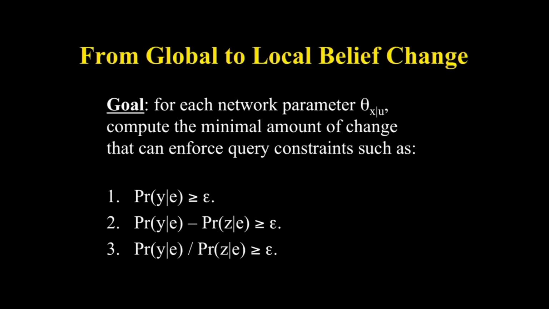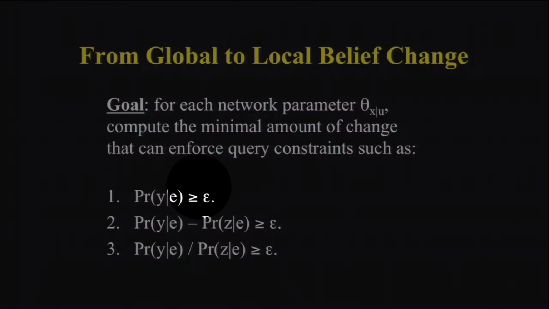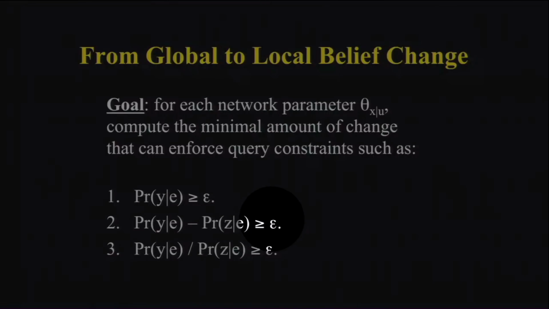All right. More generally, what we want to do is find parameter changes that allow us to satisfy either of these constraints. The example we've looked at is number 1. I have some query y given e. I want it to be greater than or equal to some epsilon. But in principle, whatever I'm going to show you will work also for these kinds of constraints. You pick 2 different variables, y and z, and you compute the posterior on each, and you want to say that the difference is greater than a certain amount or the ratio is greater than a certain amount.